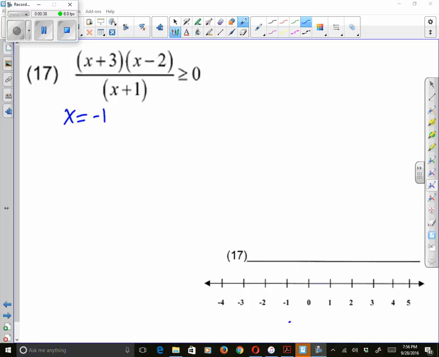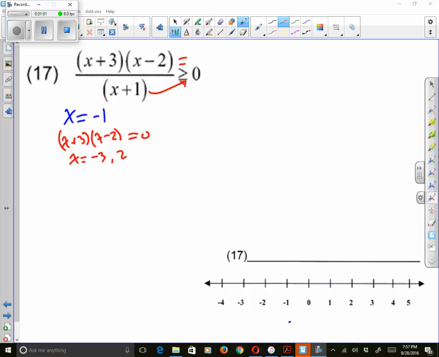I also know that if I set this equal to 0 and cross multiply, I get x plus 3 times x minus 2 equal to 0, because when I multiply that, that goes to 0. So now this solves, and I get x is equal to -3 and +2.